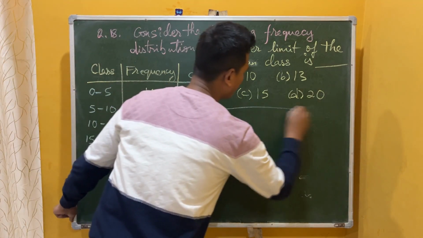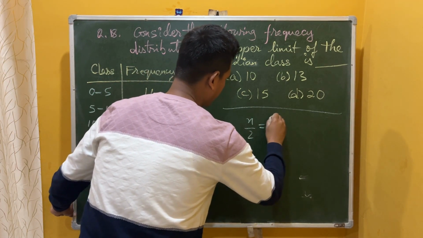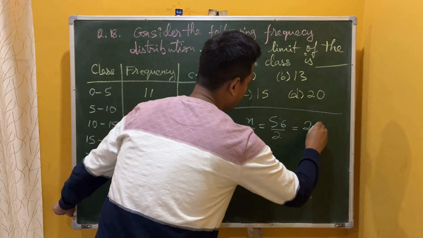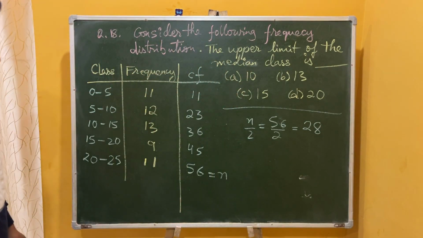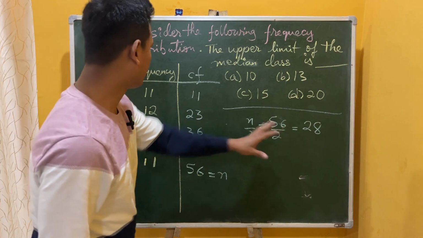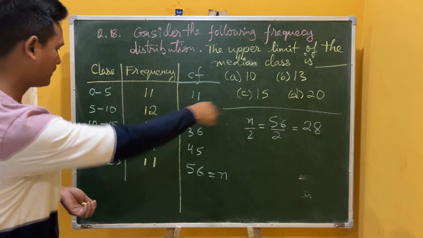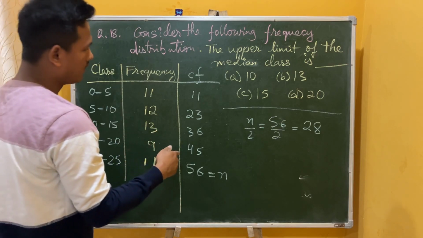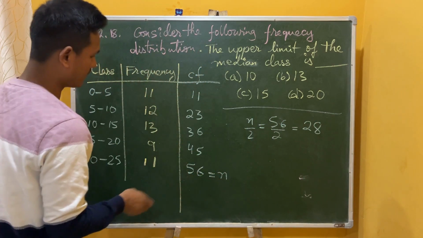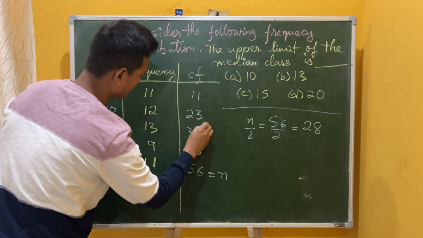What we do next is find n by 2. That is 56 divided by 2, which is 28, isn't it? Now we locate this 28 in the cumulative frequency section, looking at the class with the cumulative frequency which is greater than 28 but near to 28. All of these are greater than 28, but near to 28 is 36.